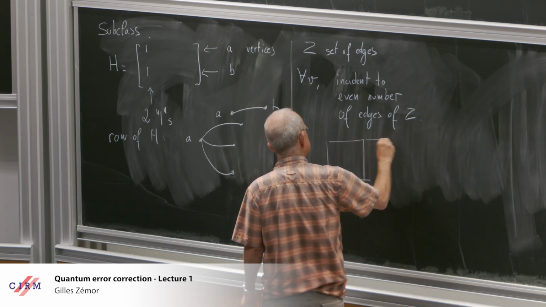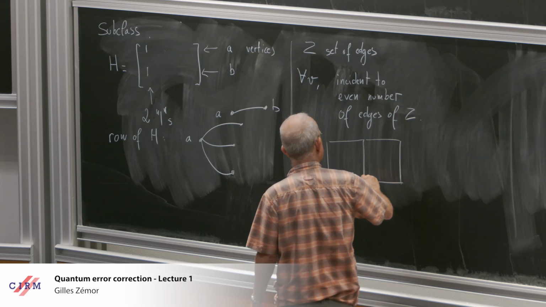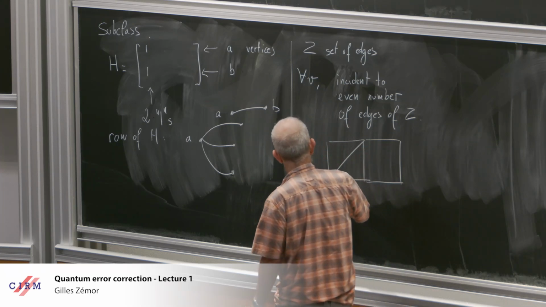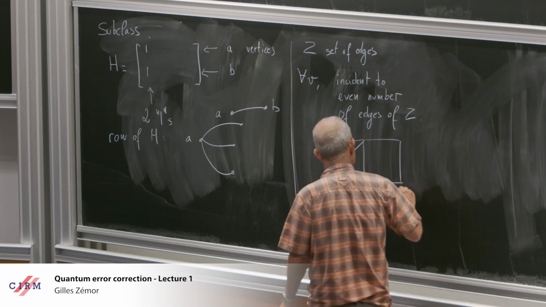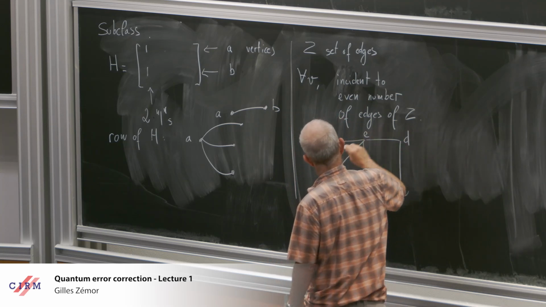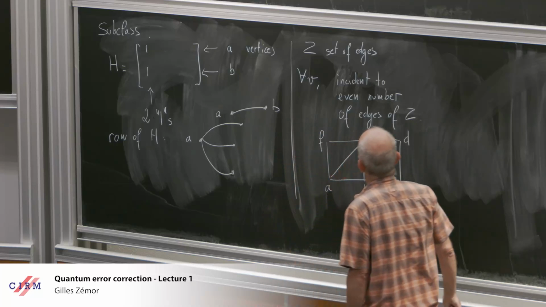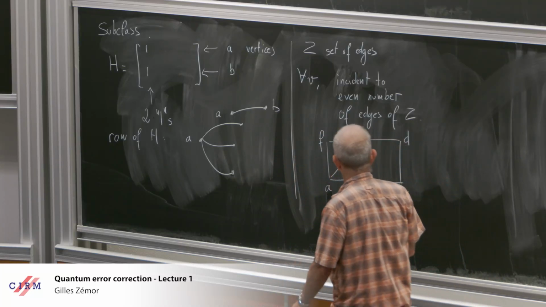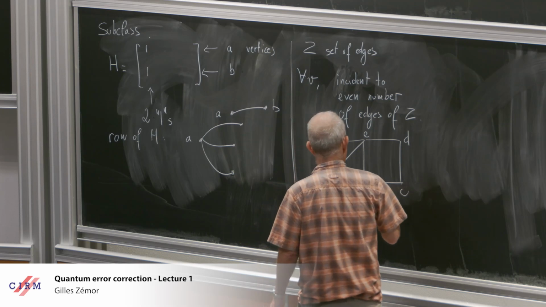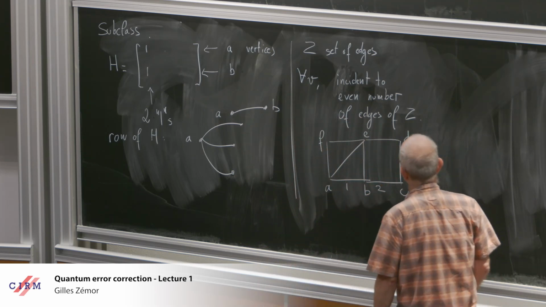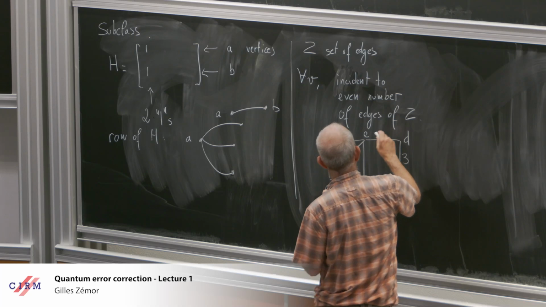So you can draw little examples. For example, here is a graph. Here would be the rows of the parity check matrix. And you may want to number your edges, so they correspond to coordinates.